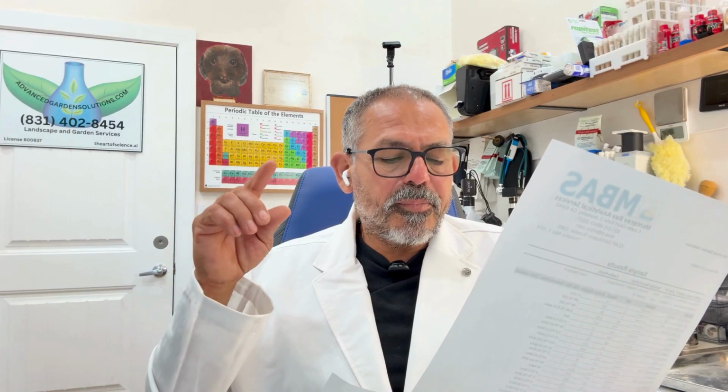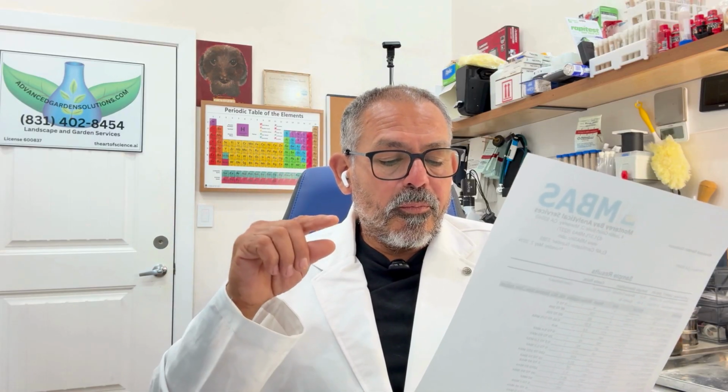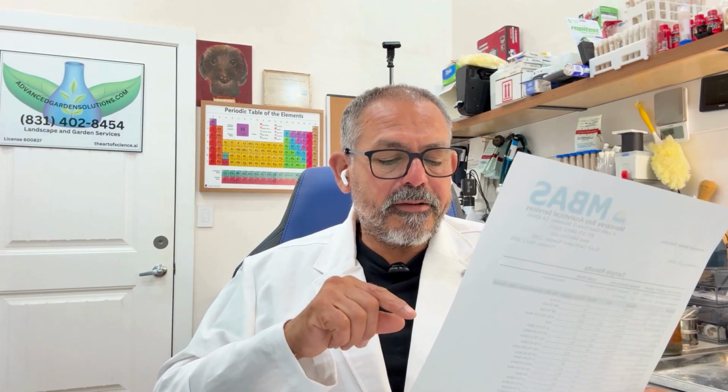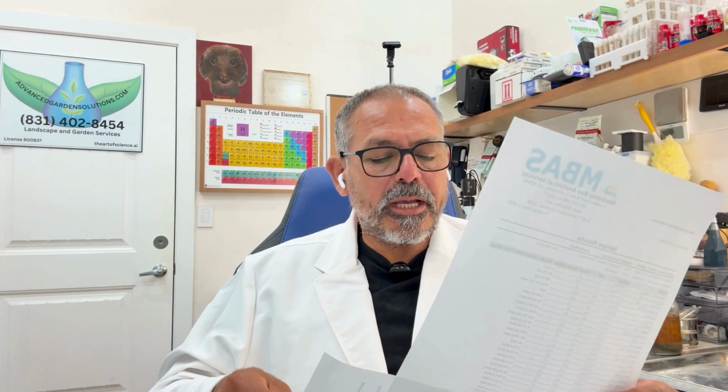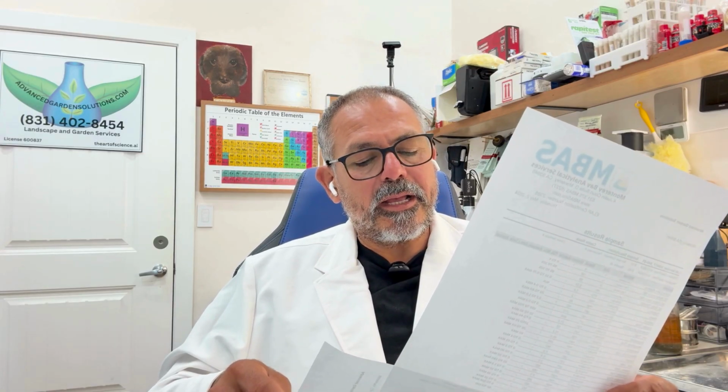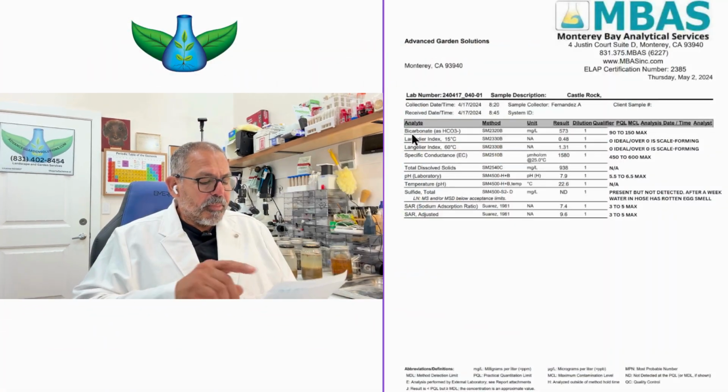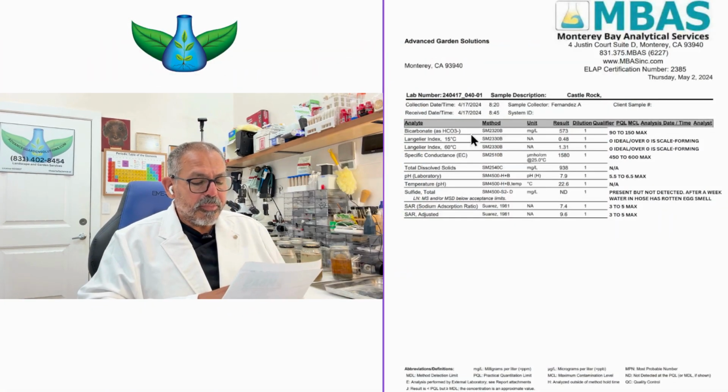In this case, it's pretty high. We have 470 parts per million, when ideally it would be better to have between 50 and 150 parts per million.